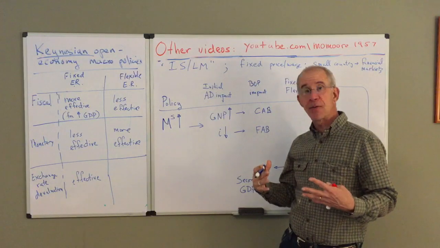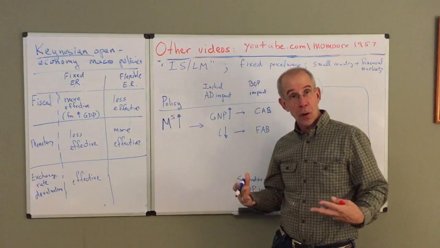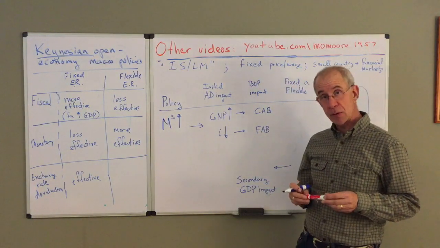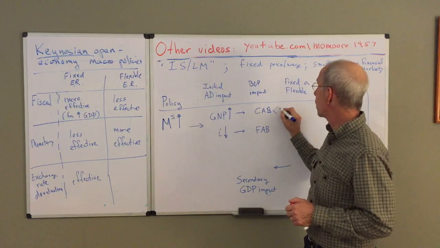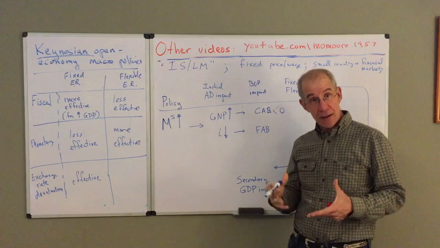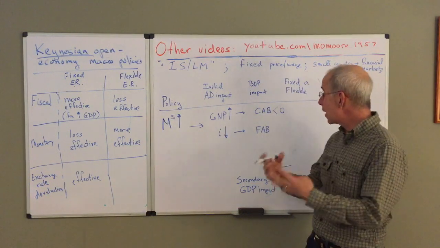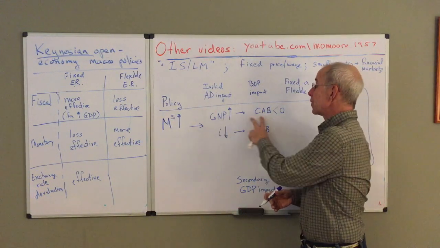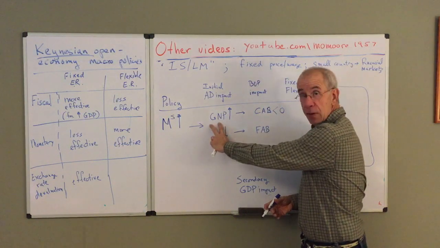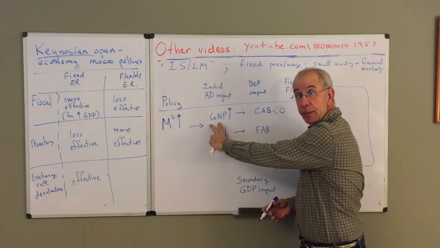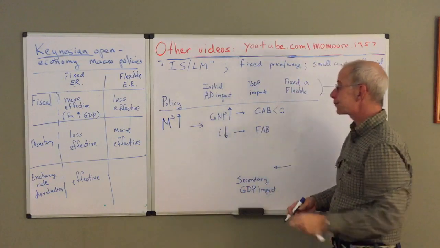Increased economic activity is going to result in more purchase of goods and services from abroad. That tends to cause the current account to go into a deficit.